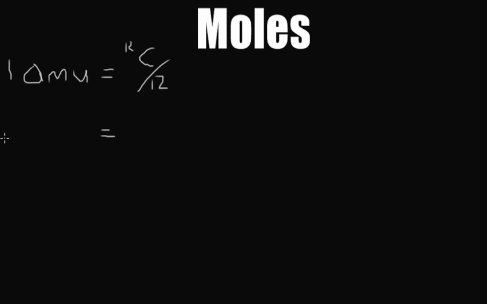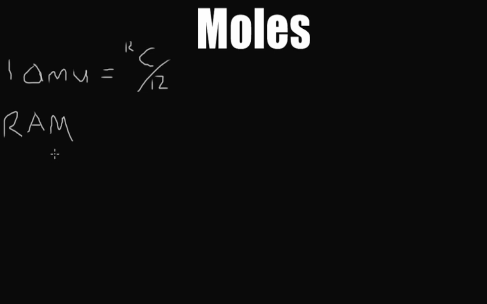This is called the relative atomic mass. The relative atomic mass is the average mass of an atom of an element compared to 1/12 the mass of carbon-12. The reason they say average is because relative atomic mass takes into consideration isotopes as well.